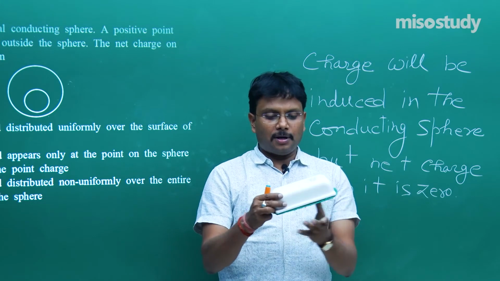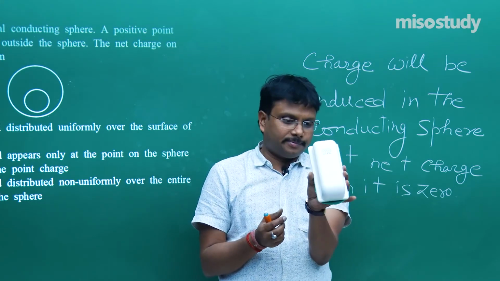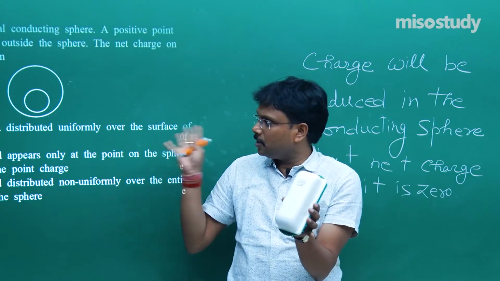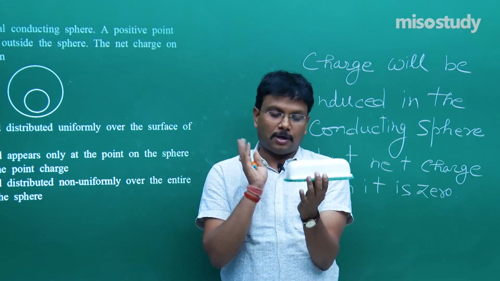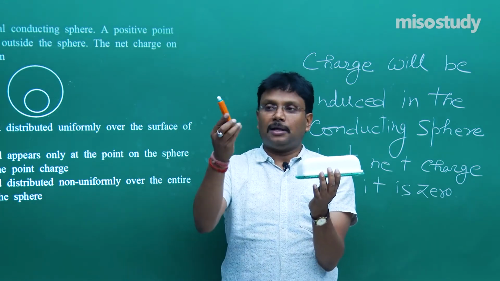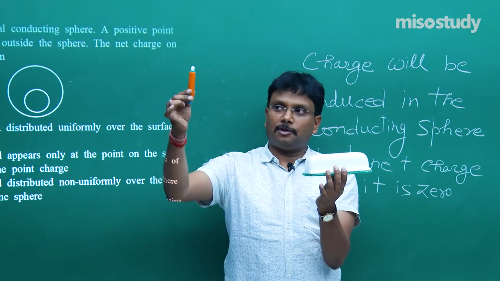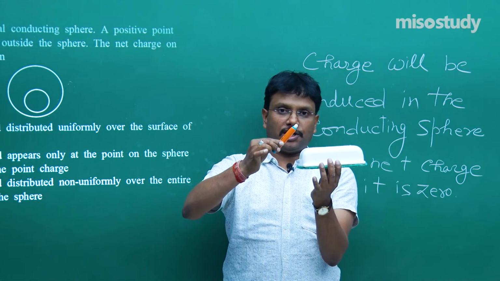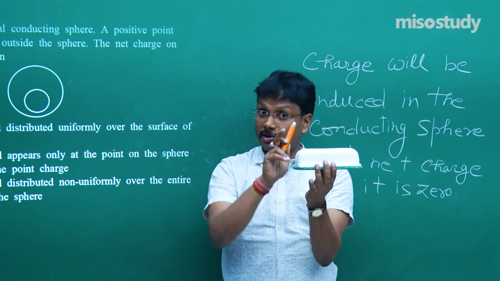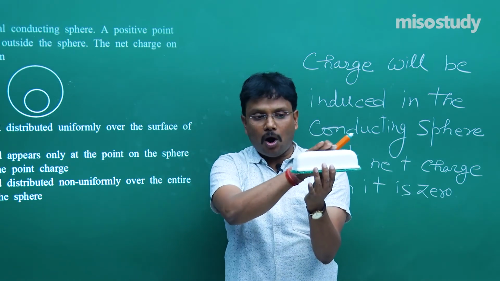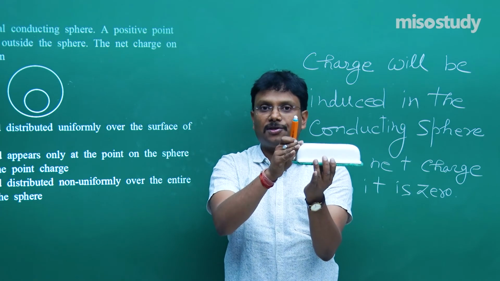I think one more time I should explain it. Forget this is a sphere, consider this beautiful object, it is a duster with which I am cleaning your green board. It is made up of gold, assume that, best conductor. Then I have this positive charge, bring it close to this. So this end, all electrons, it is a conducting material object. So all electrons will come closer to this end.